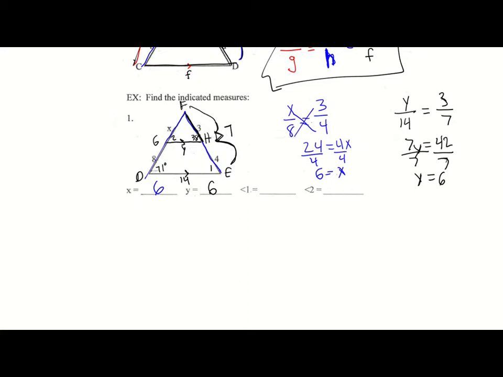So now we have the hard part on the sides where we set up proportional statements. Now we can find the angles, which we know are just going to be congruent between the triangles. To find angle 1 right here, we need to find an angle that's corresponding to that in the small triangle. And we know that 38 right here is a corresponding angle because it's on the same side of our transversal and in the same position above those parallel lines.